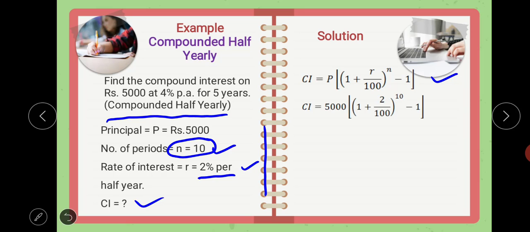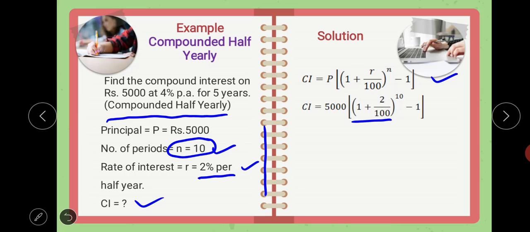So the compound interest is equal to 5,000 multiplied by 1 plus 2 divided by 100 bracket raised to N. So here N is 10, minus 1. So firstly solve this bracket and then other calculations. So 5,000 into bracket, this will be 1.02 bracket raised to 10 minus 1.